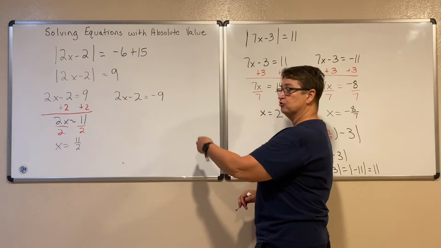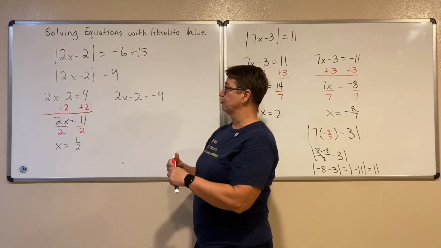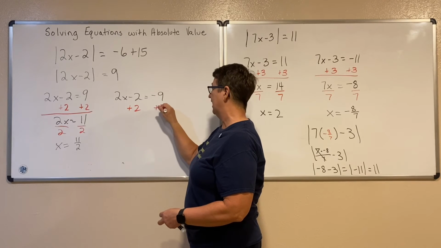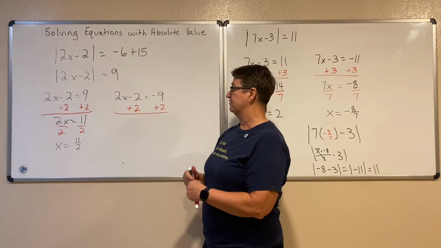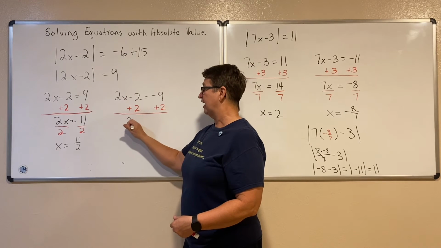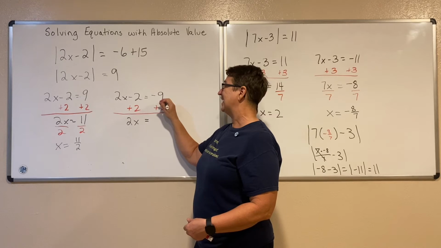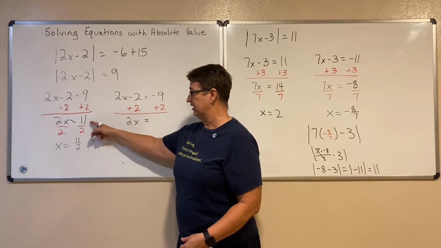I need to do the same thing with this equation. So I'm going to go through the same steps, but notice I'm not going to get the same answer. I'm going to get something different as I do it. Because here I do get the 2x, that zeroes out. But a negative 9 plus 2 is not equal to 11.